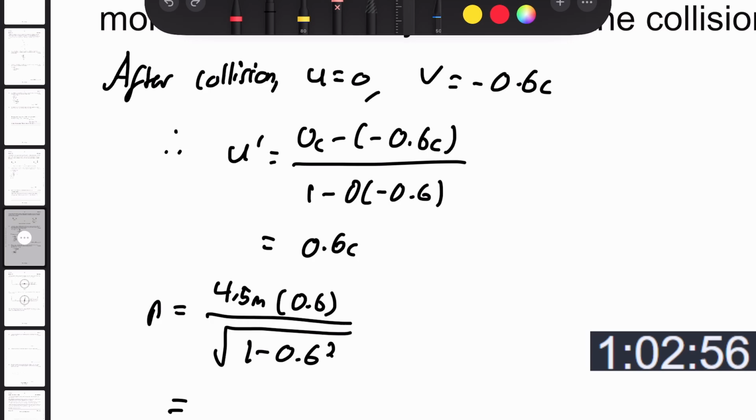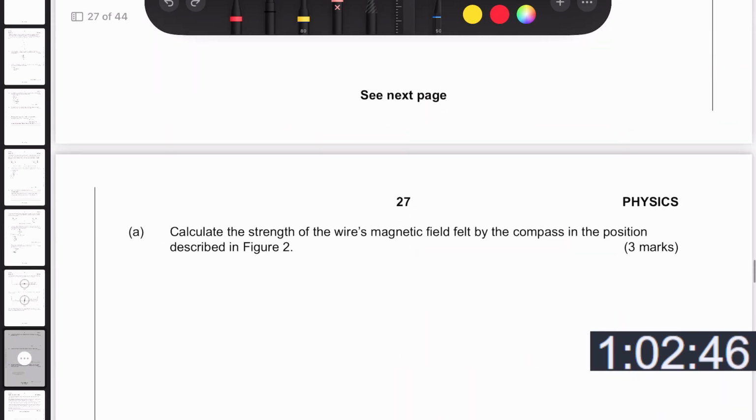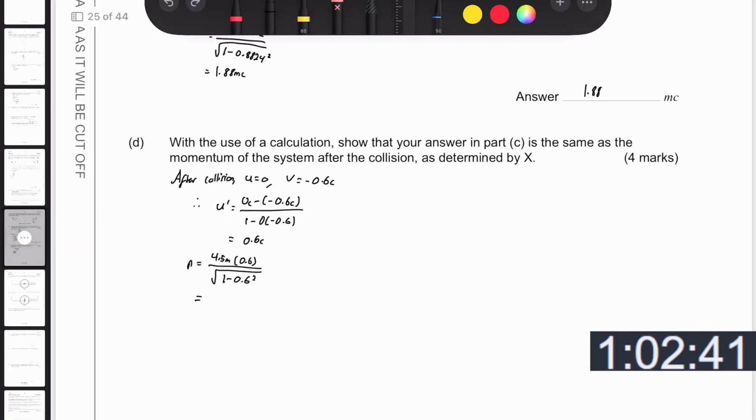I'm a bit stuck, guys. Not exactly sure why. What's wrong?